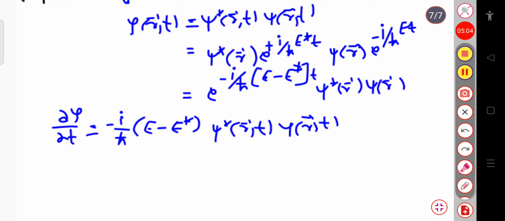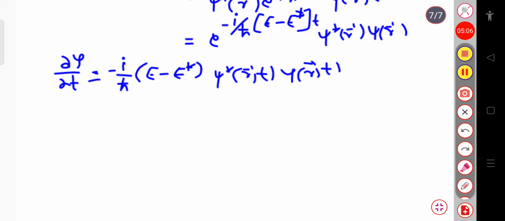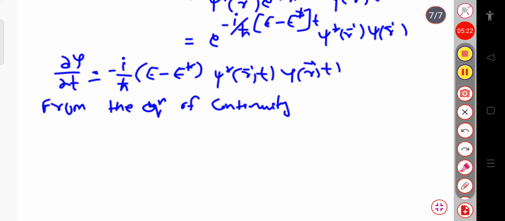And from the equation of continuity, we can write dou rho divided by dou t is equal to minus del dot j, and this is your j vector.